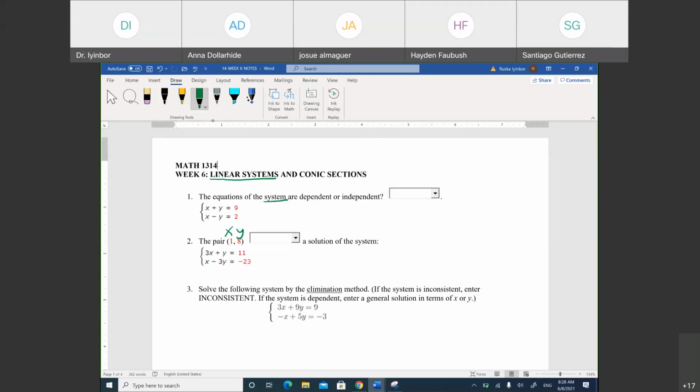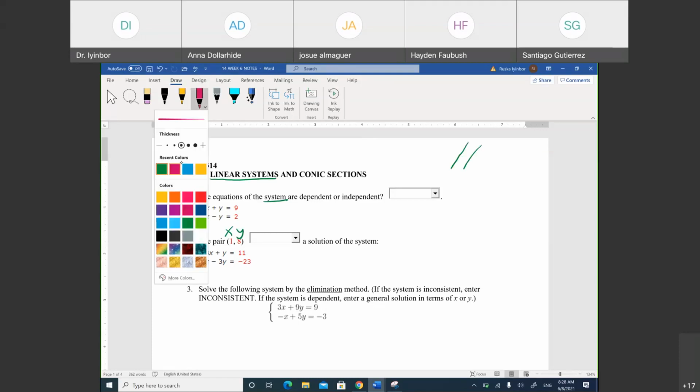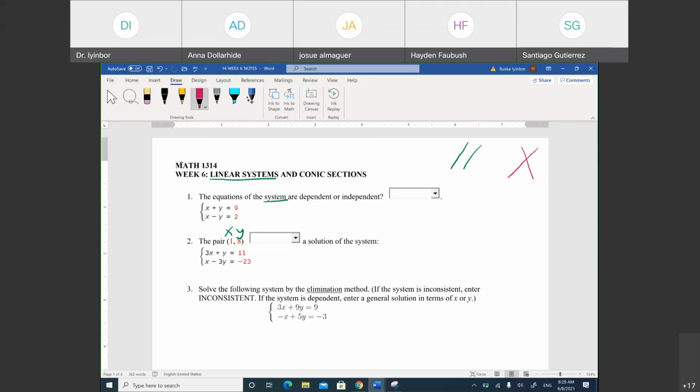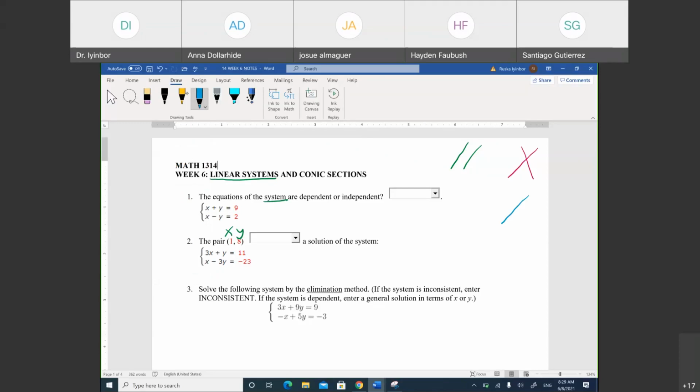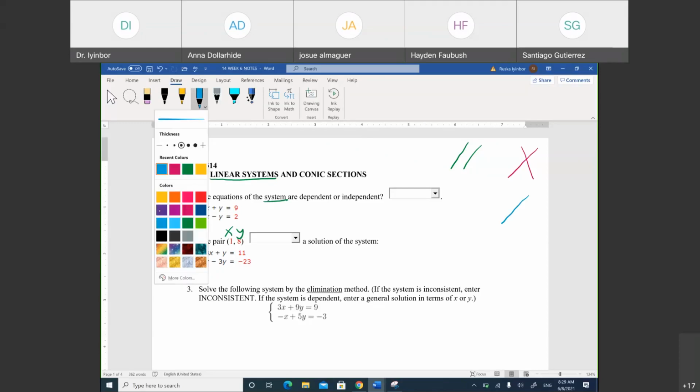So if you have two straight lines, all the possible cases between them are: you can have two parallel lines. That's one of the cases. You can have two lines which cross each other. That's the second case. And you can have two lines on top of each other. They're the same line. Okay?